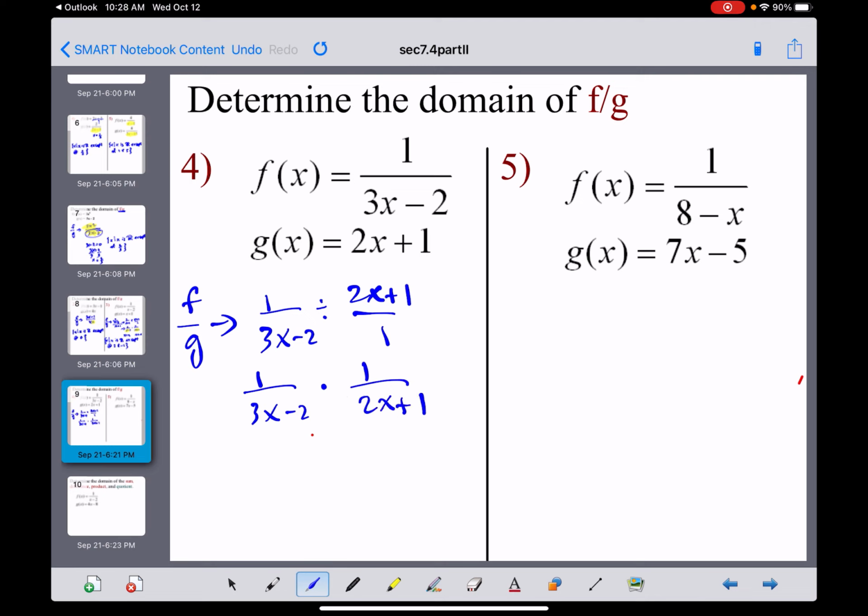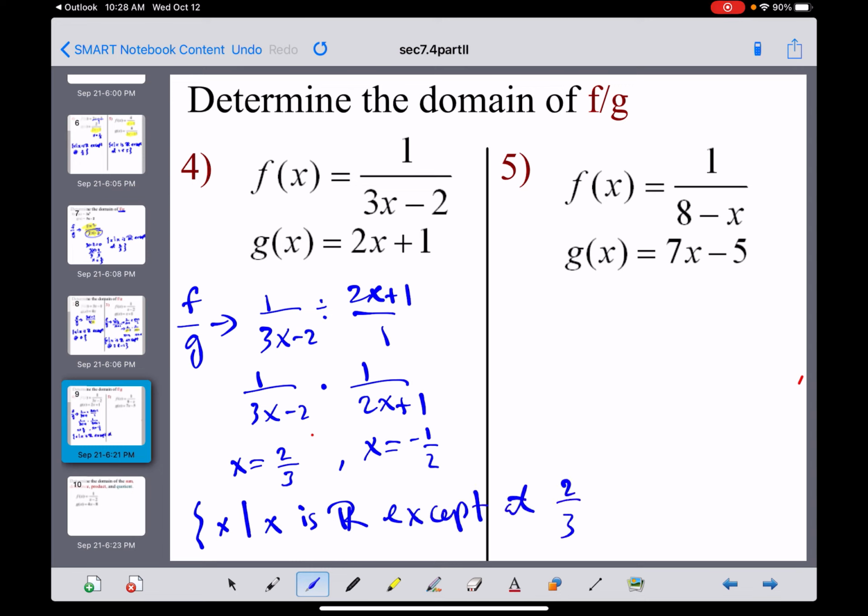So this one right here would not work at 2/3, and this one right here would not work at -1/2. So my domain is x such that x is all real numbers except at 2/3 and -1/2.